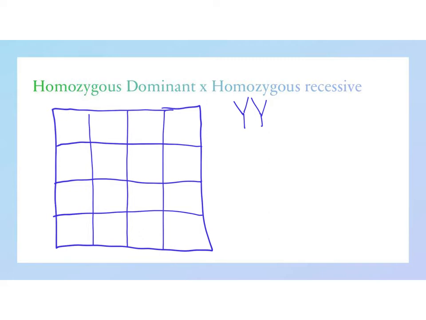For shape, the dominant trait is round, which is a capital R, and homozygous, so 2 capital R's. The other parent is homozygous recessive. The recessive color is green, which is lowercase y, and the recessive shape is wrinkled, which is lowercase r, lowercase r.